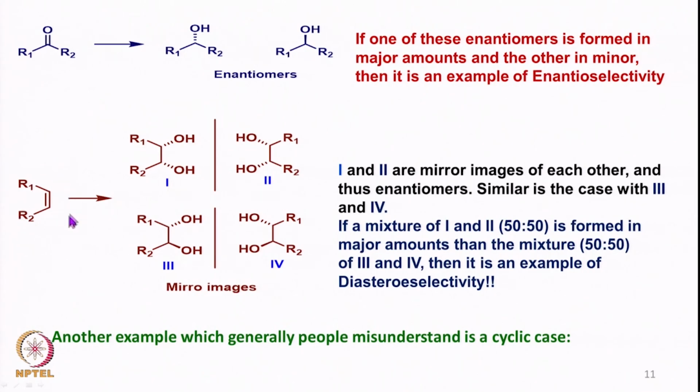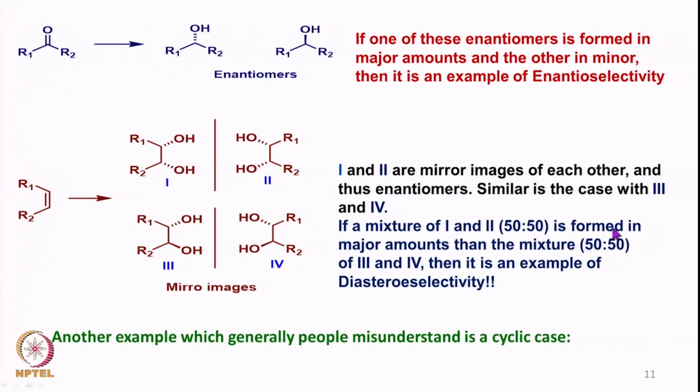In a similar fashion, if we start with a double bond like this, which is a kind of prochiral double bond, and do dihydroxylation. So, if we do cis dihydroxylation, we get these two molecules which are mirror images of each other, and if we do trans dihydroxylation, then of course we get these two molecules which are again mirror images of each other. So, if 1 and 2 are mirror images of each other, and 3 and 4 are mirror images of each other, then a 50-50 mixture of 1 and 2 is a mixture of enantiomers.